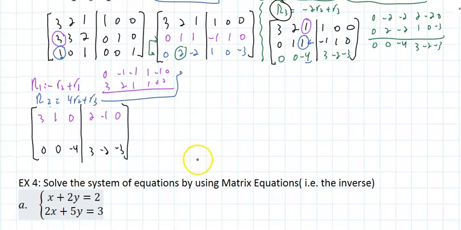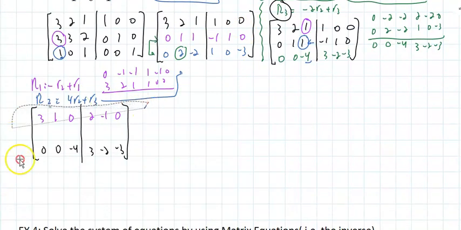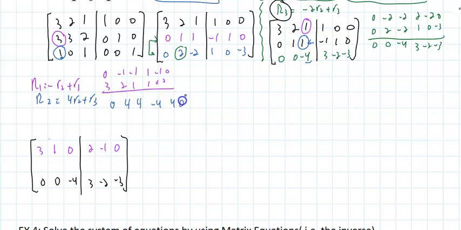Again, I have all the space I need. So let me lower this a bit and maybe fit in there. I'm still trying to figure out how to do this nicely. So 4 times row 2: 0, 4, 4, negative 4, 4, 0. Add it to row 3: 0, 0, negative 4, 3, negative 2, negative 3. Add those. 0, 4, 0, 1, negative 1, I'm sorry, 2 and negative 3.